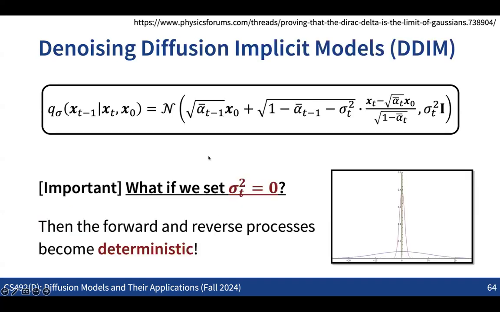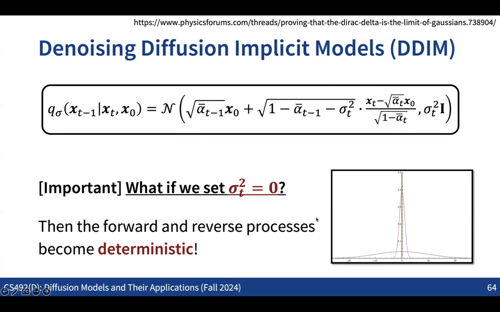Also, as I mentioned in the previous slide, we can set any variance here, which means we can also set the variance to 0. If we set the variance to 0, this becomes just sampling the mean every time. There is no stochasticity, since we already sample the mean here.